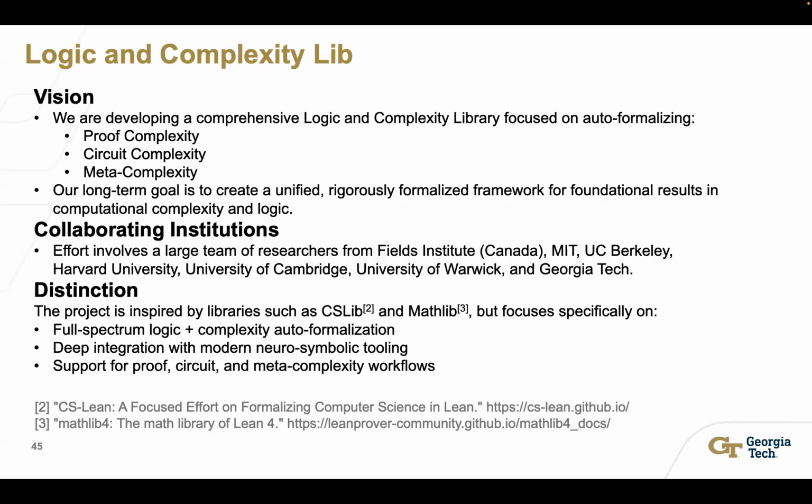To do this, I've teamed up with a bunch of logicians and complexity theorists, and we're collaborating with a variety of institutes. I would be very happy if any and all of you would like to work with us in this effort, because it will require lots of people to be able to do this kind of formalization.